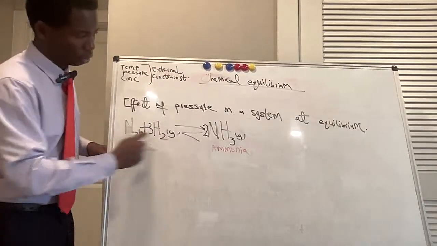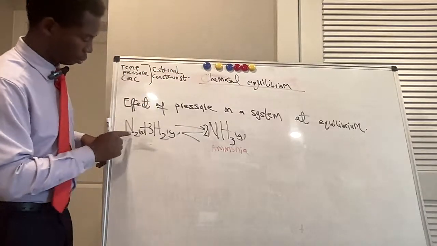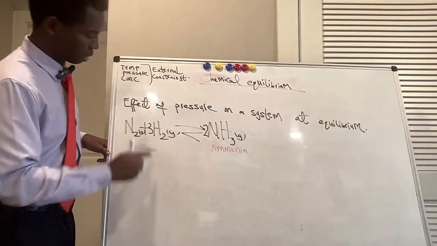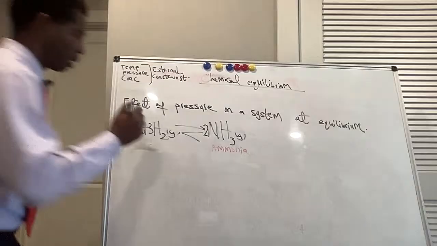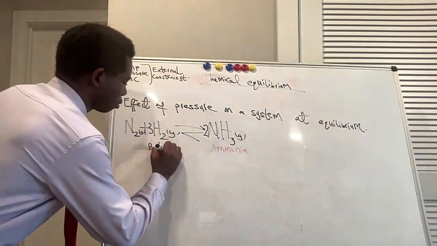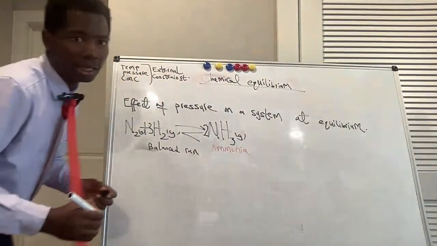Nitrogen 2, nitrogen is balanced. Hydrogen is 6. The reaction is balanced. We must balance our reaction before we proceed.